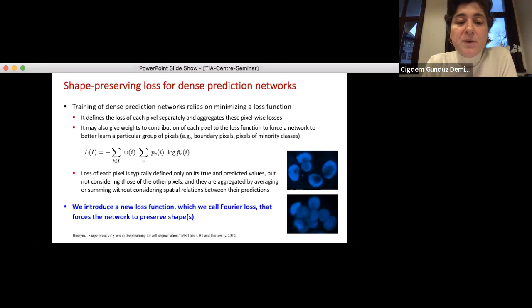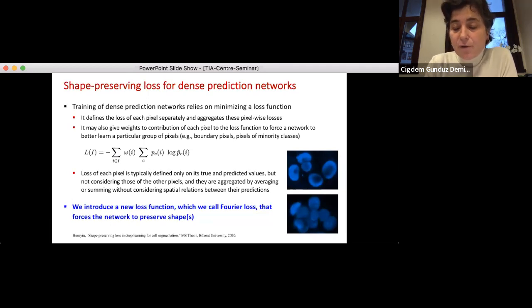However, this could be important for some applications. For example, for segmenting nuclei, which show similar morphological characteristics due to their biological nature, we may need such shape-preserving loss functions. To address this problem, in this work, we define a new shape-preserving loss function.